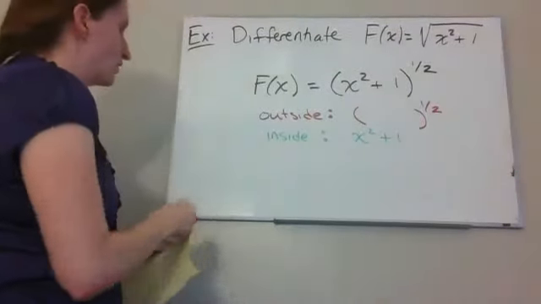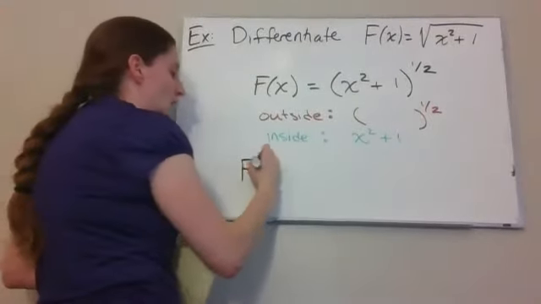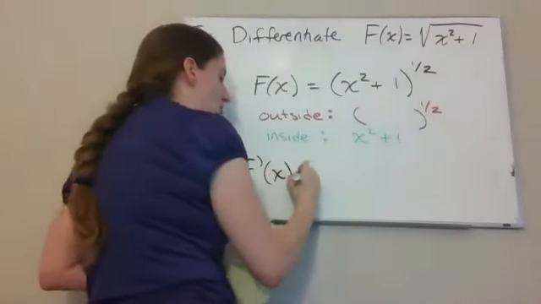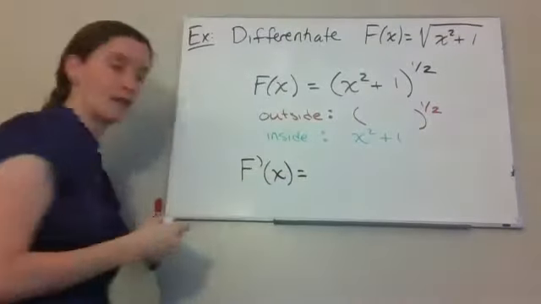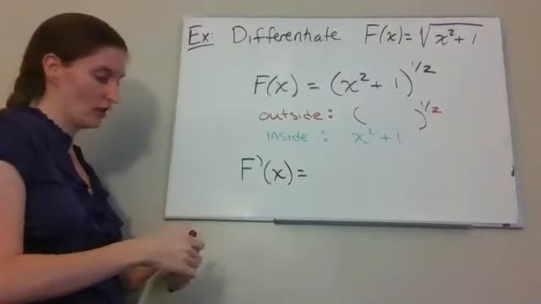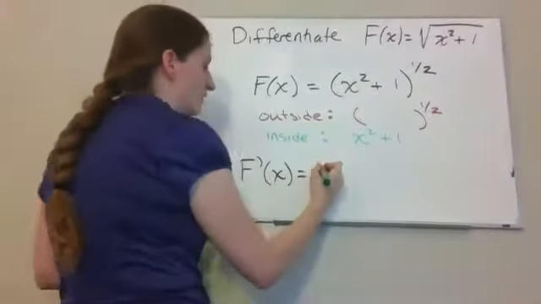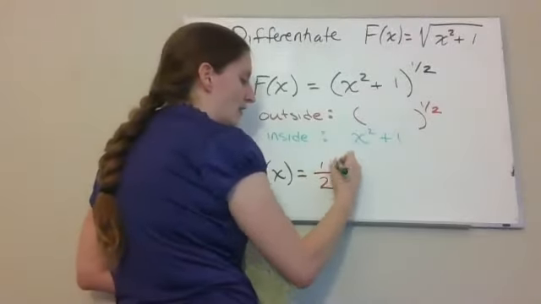So if I'm going to do this derivative with my chain rule, it says that I should have the derivative of the outside function times the derivative of the inside function. Now, the derivative of the outside function, my 1/2 would come down.